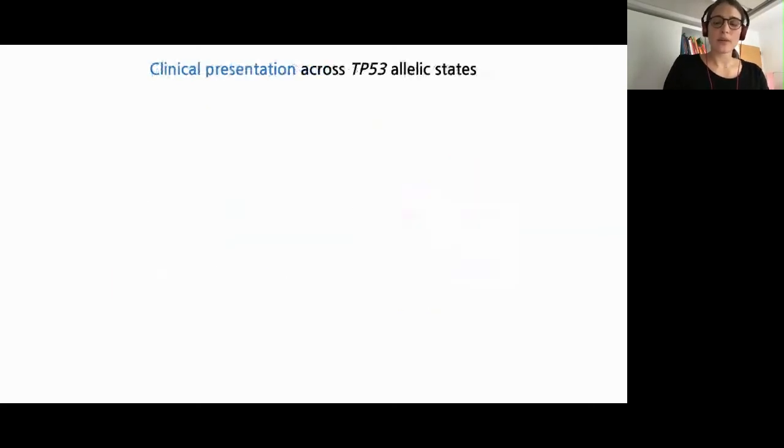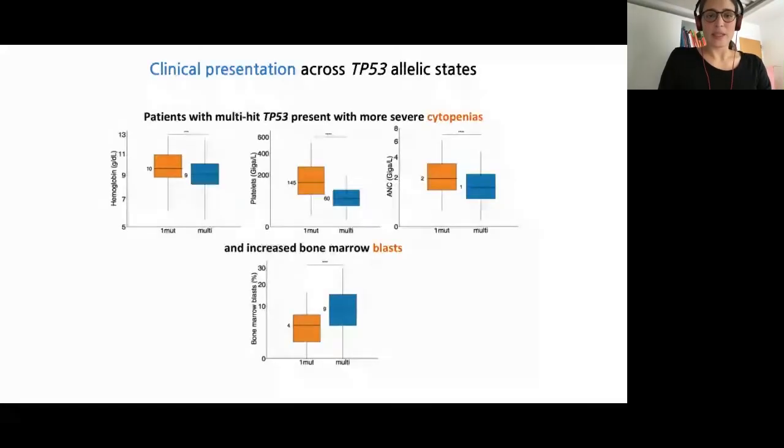But beyond the genomic association of the TP53 allelic state, of importance are the clinical implications and the implications for outcomes. Regarding clinical presentation, patients with multi-hit TP53 have much more severe cytopenia.